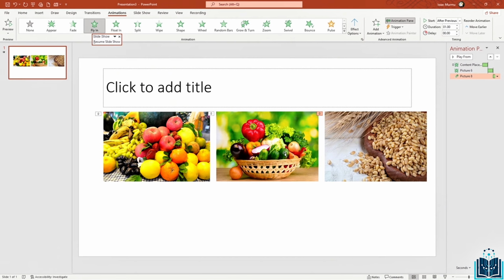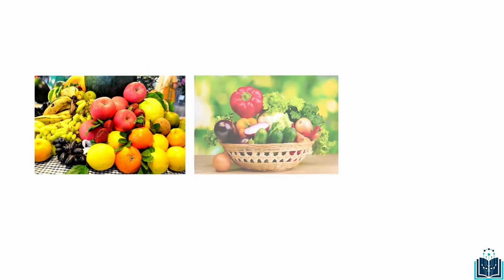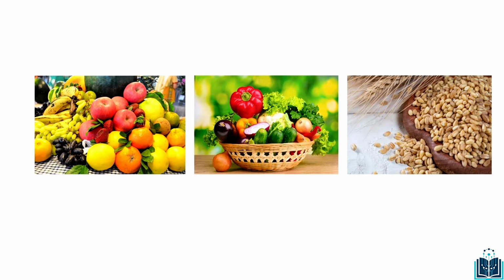Now when we present, the animations will flow seamlessly without needing multiple clicks. Okay, so if I now go to the slideshow, it comes in this way after 1 second.